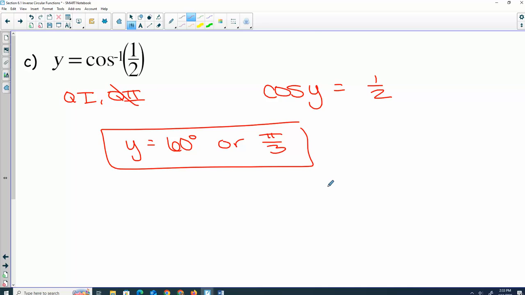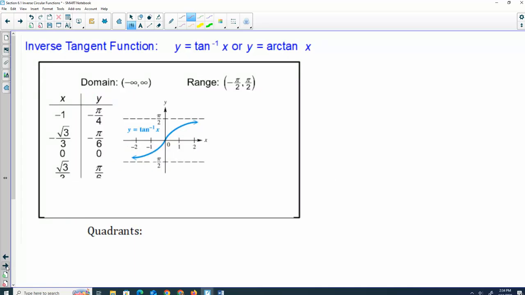When we graphed tangent, we graphed it from negative pi over 2 to positive pi over 2, right? So tangent is going to be like sine. It will be quadrants 1 and 4, just like we used when we were graphing it, because that's what gave us asymptotes on the ends and a nice solid graph in the middle.